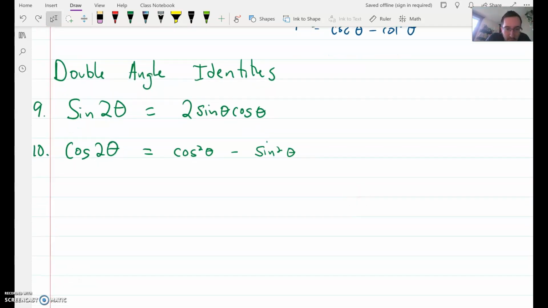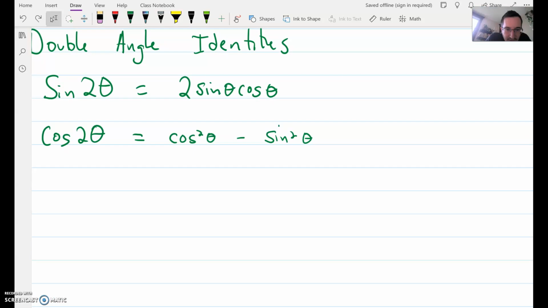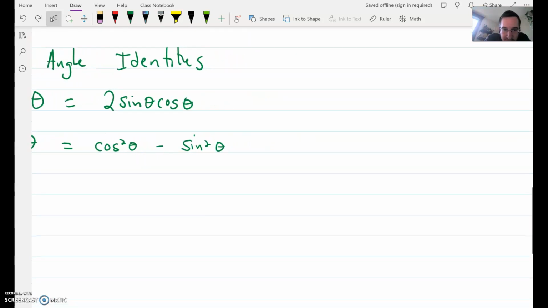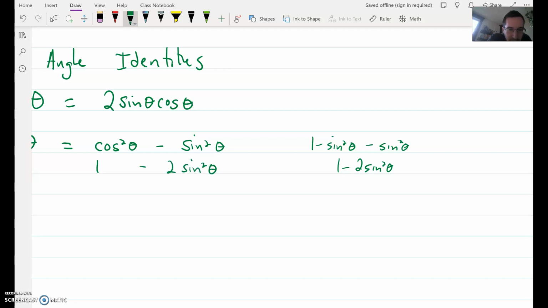So what would we get if we switched out a cosine squared? I'll do this off to the side. If we switched out a cosine squared right there with a 1 minus sine squared, and we still had the minus sine squared, that would combine to 1 minus 2 sine squared. That's the second variation. So it equals this, or it equals 1 minus 2 sine squared.